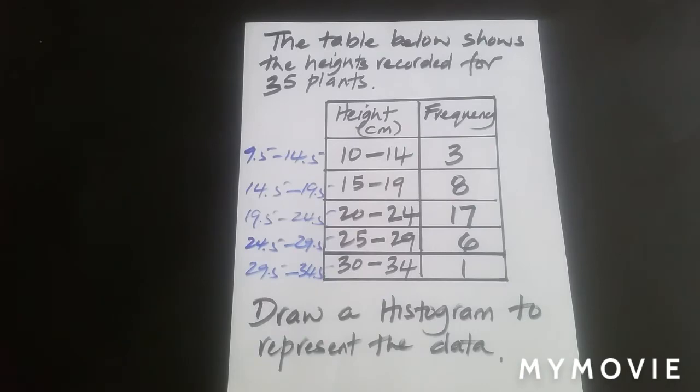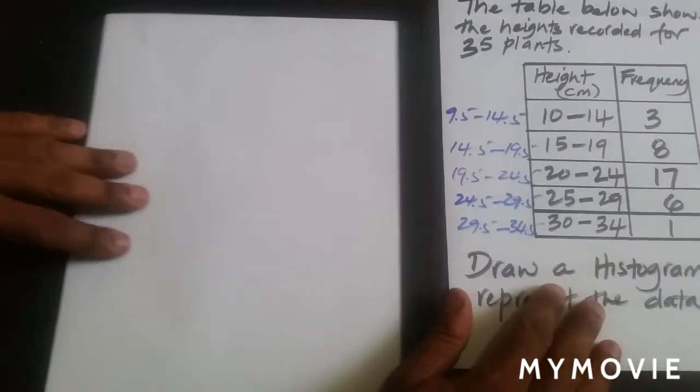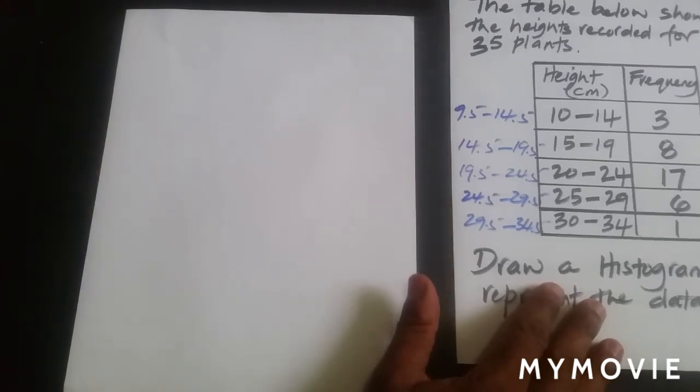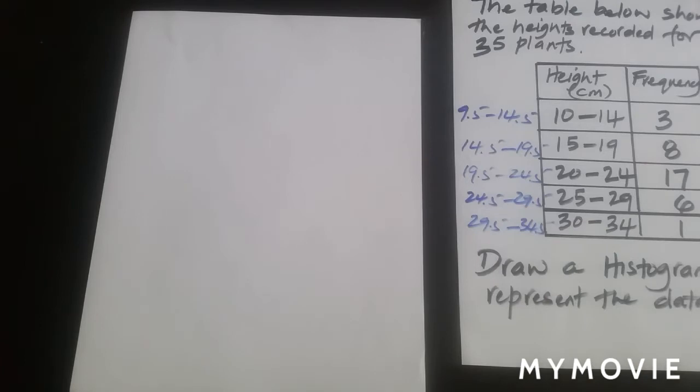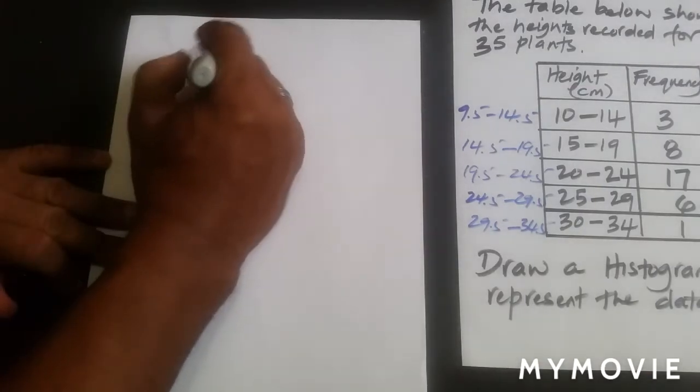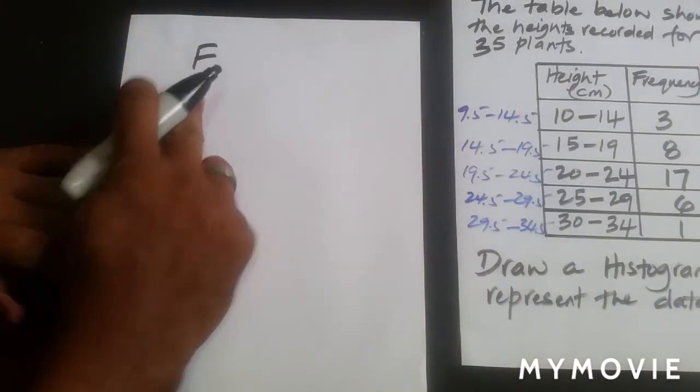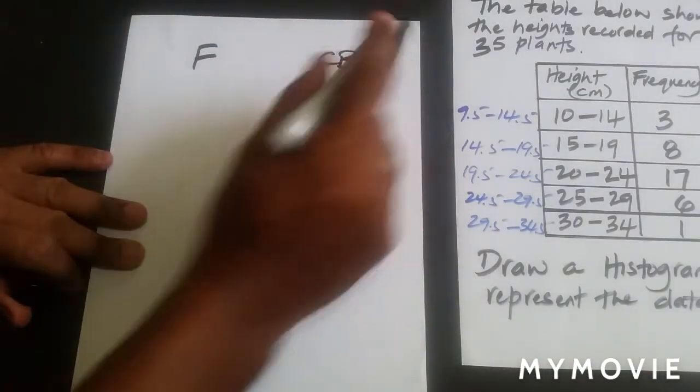So again, we will be plotting frequency against the class boundaries. I'm just going to point this out very clearly, that we will be plotting frequency, not cumulative frequency for the histogram, just frequency, and the class boundaries.